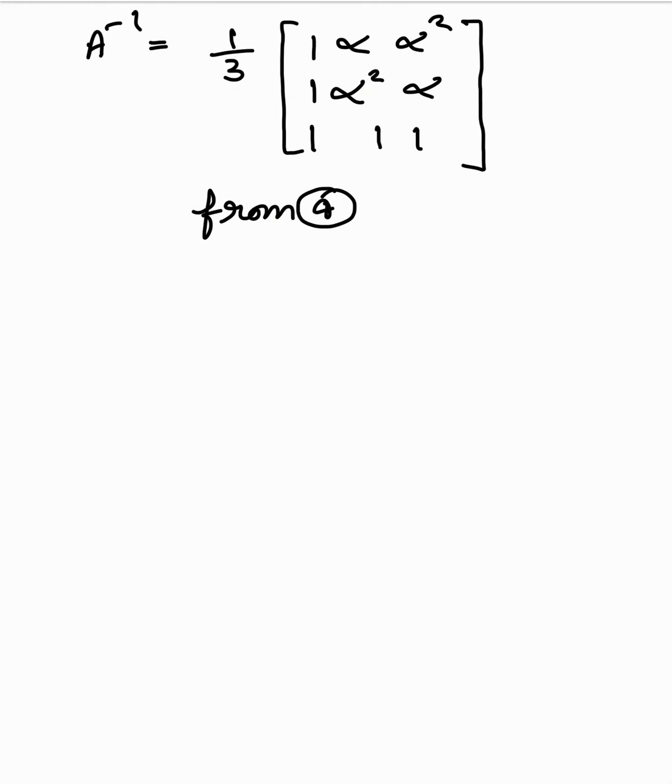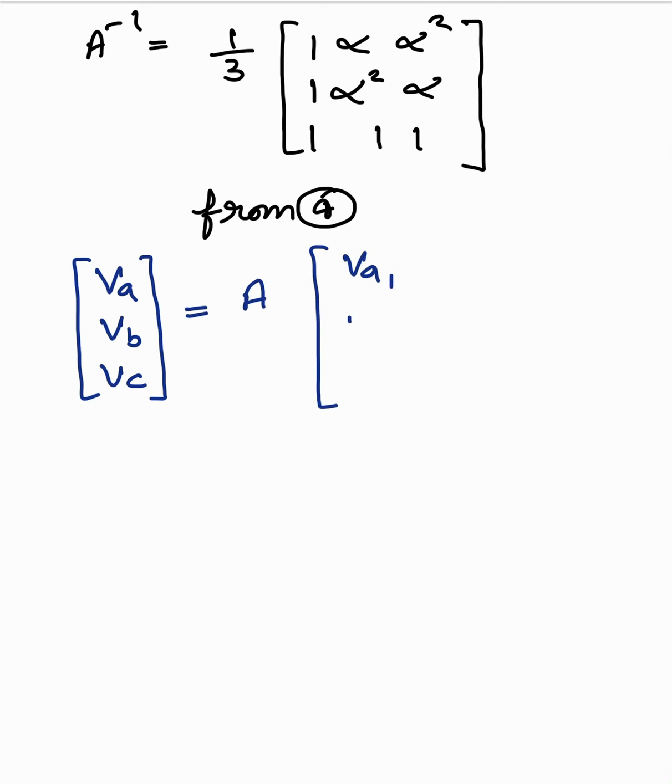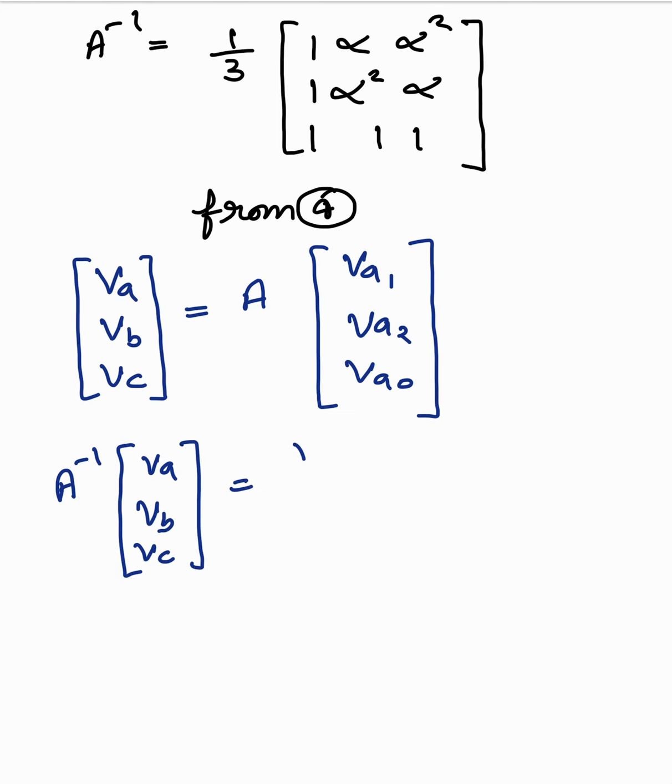So you can write like this, VA VB VC equals A times VA1 VA2 VA0. Okay, so take the inverse, that is A inverse times VA VB VC equals VA1 VA2 VA0. So this is the value.